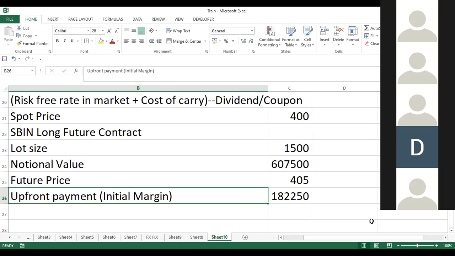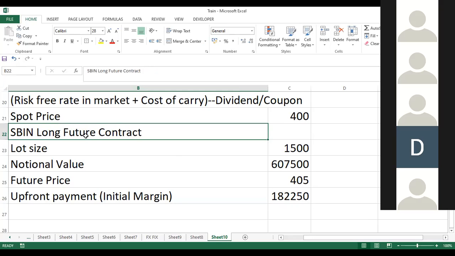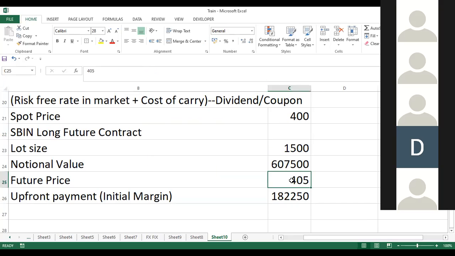In this example, we're talking about being long on the SPI futures contract, which has a spot price of 400 rupees, and the futures price is 405. Your entire notional amount for this one lot of contract is 6,75,000, while the initial margin you're giving is only 1,82,250, right?